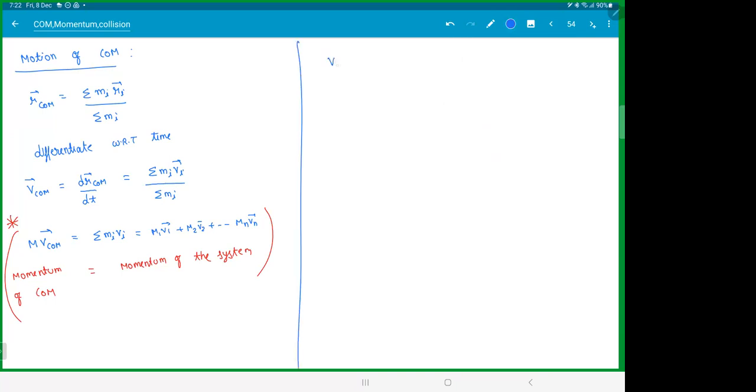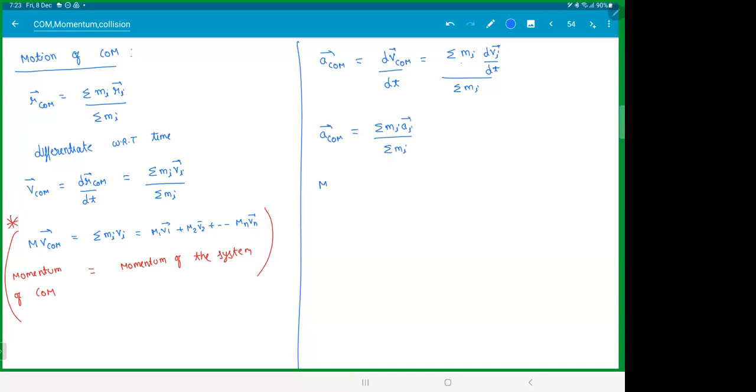Now, if you differentiate this quantity again, acceleration of center of mass will be d vcom by dt. That would be sigma mi dvi by dt by sigma mi. So acceleration of center of mass will be sigma mi ai by sigma mi.